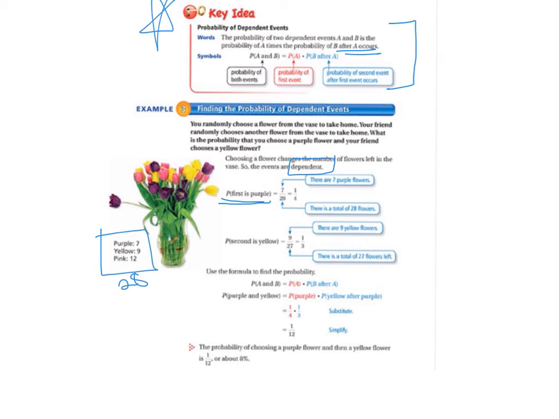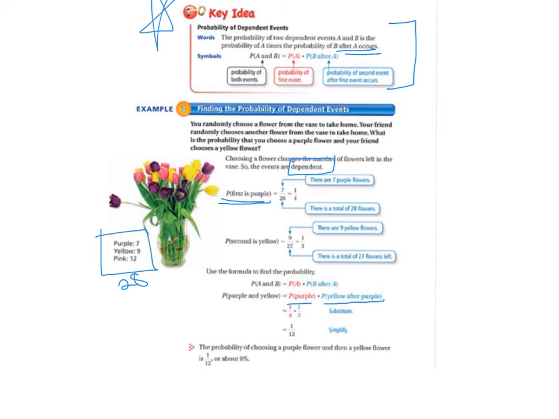And the probability that the second is yellow, there are 9 flowers, and then on the second draw, there are only 27 flowers in the vase because your friend just took one. So that gives us 1/3. So we're going to use the formula to find the probability. So the probability of A and B equals probability of A times the probability of B after A. So the probability of purple and yellow equals the probability of purple times the probability of yellow after purple.